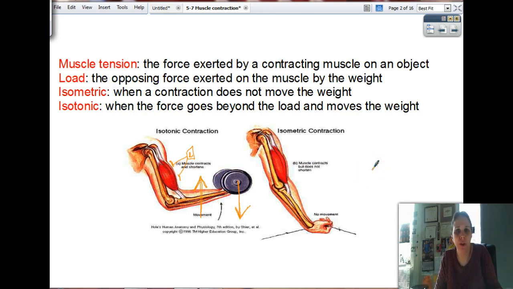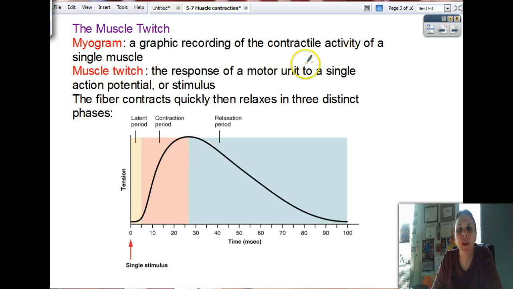You're applying a force, but the rock's not going anywhere. So that's called isometric. But if it's a smaller rock and I pick it up, and so the force of my arm is more than the load, and I can move it, that is called an isotonic contraction. So isometric, it doesn't move. Isotonic, it does move.